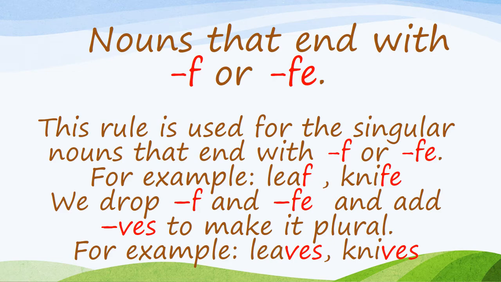We drop F and FE and add VES to make it plural. For example, leaves. Leaf becomes leaves. We drop F from leaf and we add VES. Second example, knife. Knife ends with FE. So we drop FE and we add VES. Knife becomes knives.